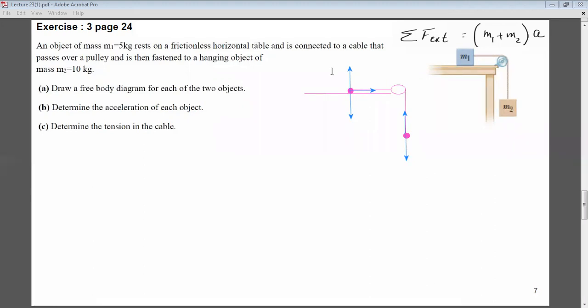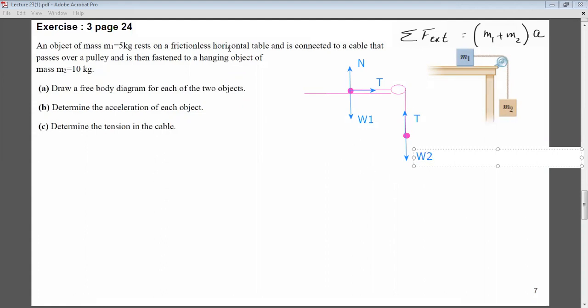So here I have W1, tension 1, which is T, and here I have tension 2, which is T, and W2.